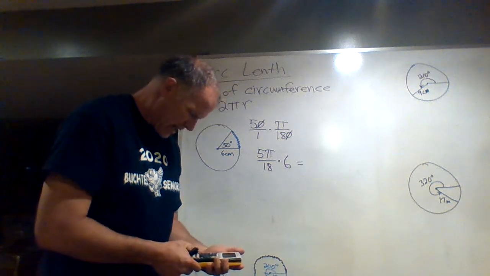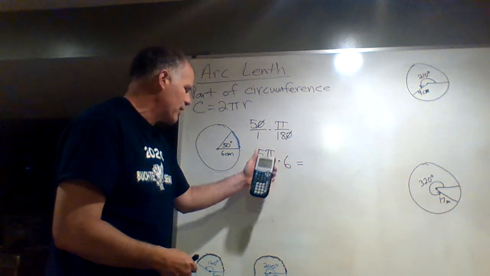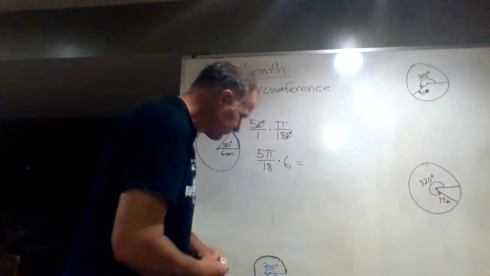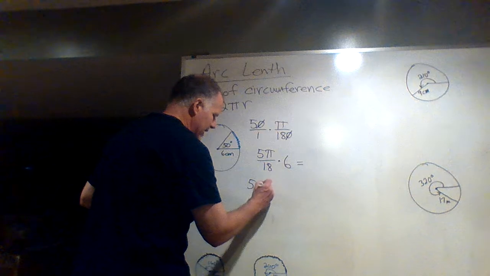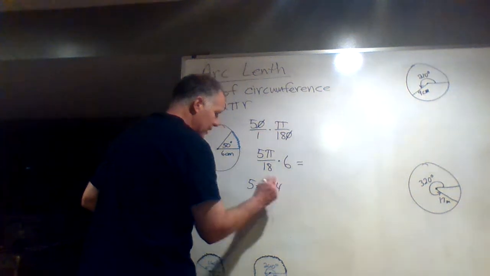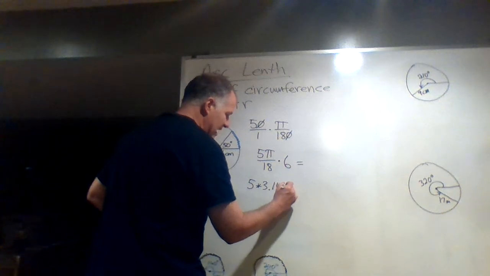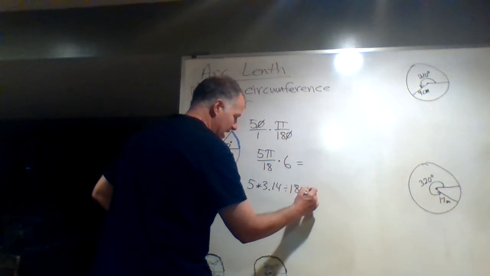I think everybody knows that. So 5 times 3.14, divided by 18, because a fraction means divide, and then times 6.